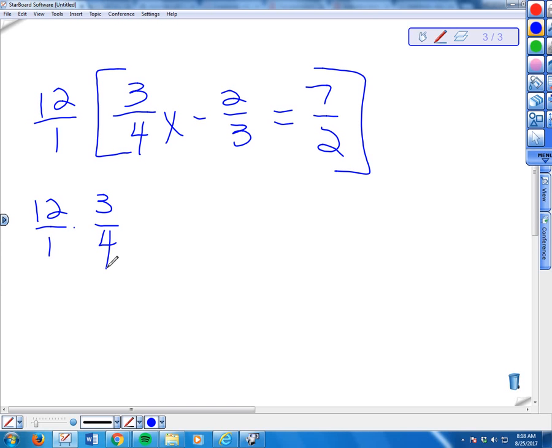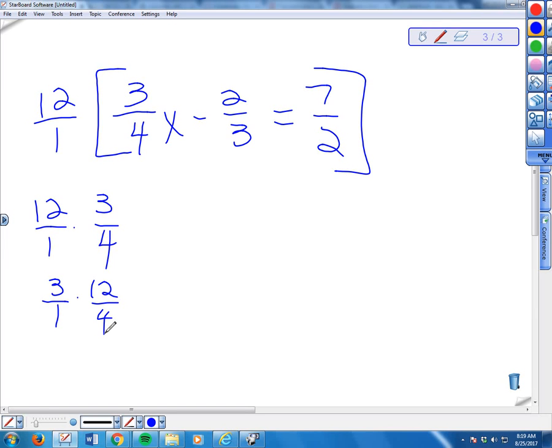So I can see, if you remember, order doesn't matter, commutative property with multiplication. I could rewrite this times like that, right? Just switch the numerator, because order doesn't matter. And 12/4 is 3. 3 times 3 is 9.